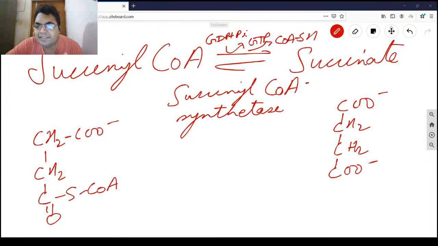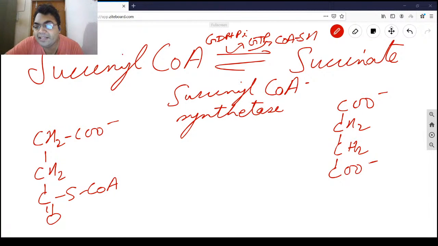Succinyl CoA, like acetyl CoA, has a thioester bond. The thioester bond has a very negative standard free energy of hydrolysis. This del G naught is almost minus 36 kilojoule per mole.